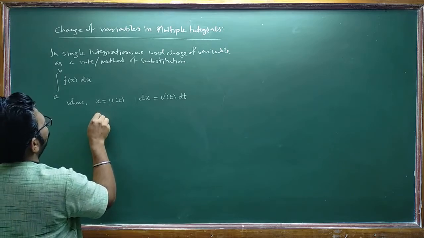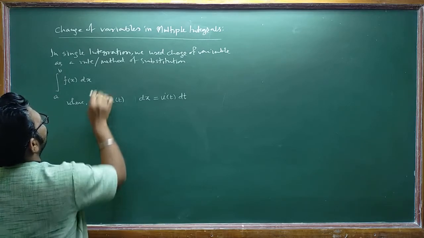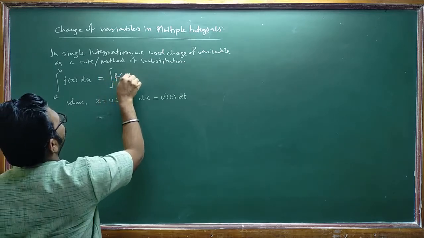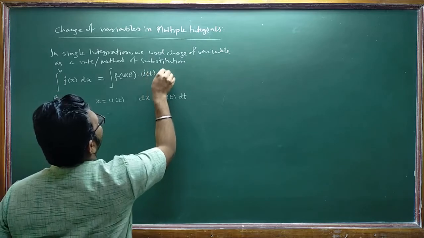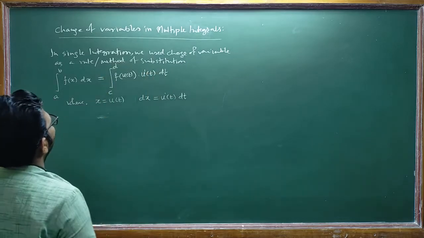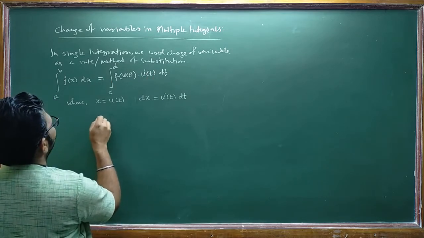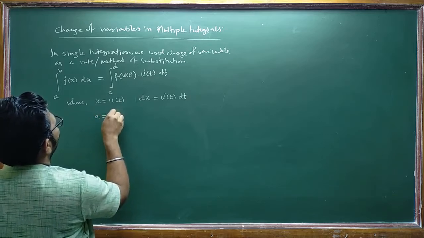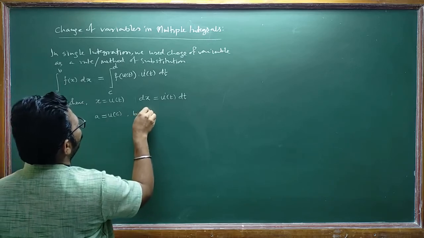It is getting converted to the integral f of u of t, u dash of t dt, where t varies from some c to some d. So under this substitution, what are c and d? So a is u of c and b is u of d.